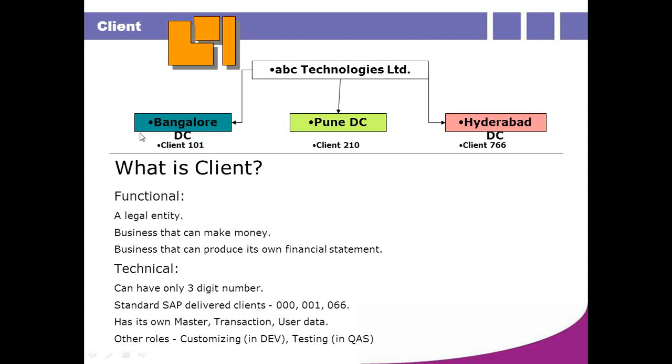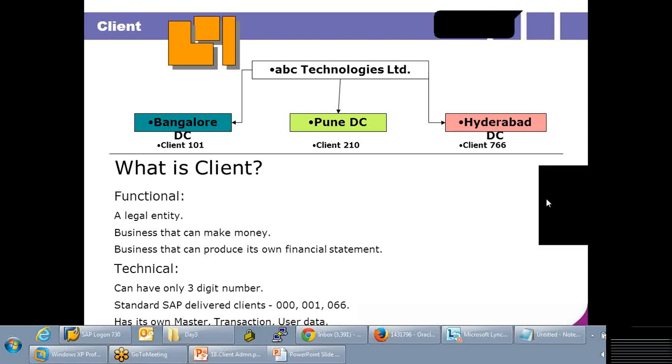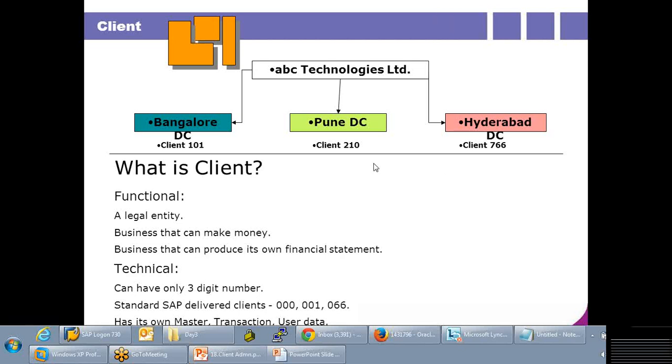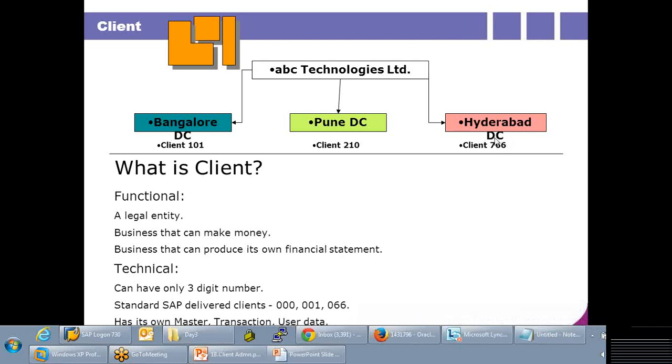You can access and modify that client's data, but you can't modify the Pune data. You can't modify other clients' data by logging into one client. That means by logging into the 101 client, I can't see or modify 210. Same for 766 as well.